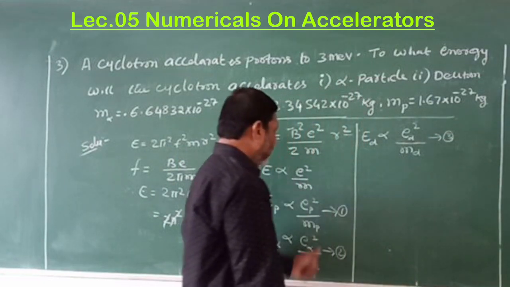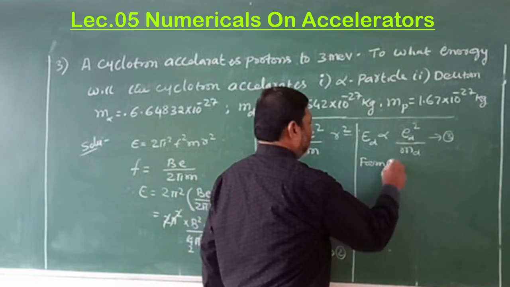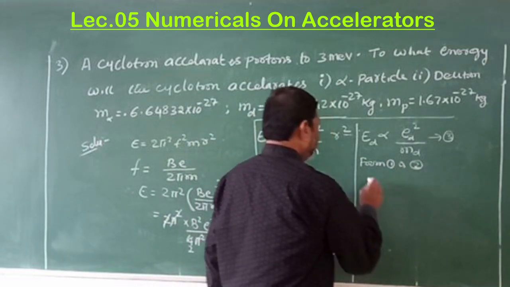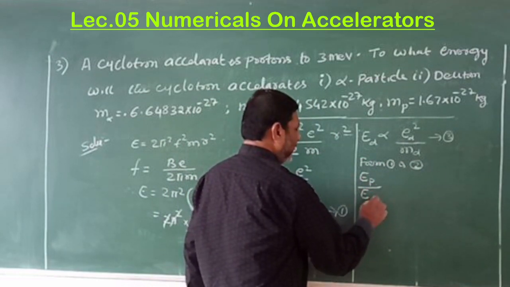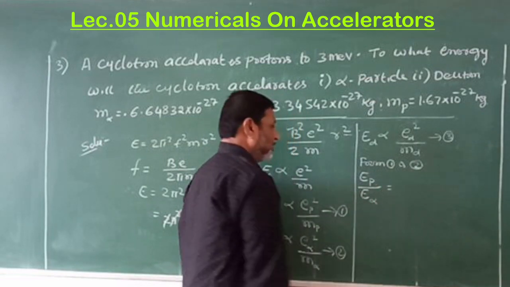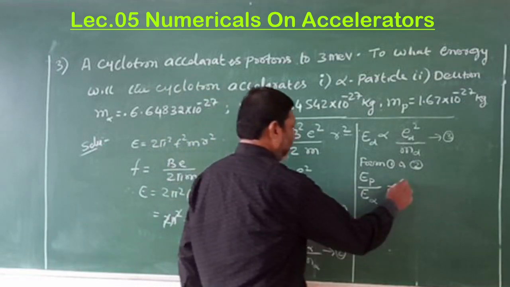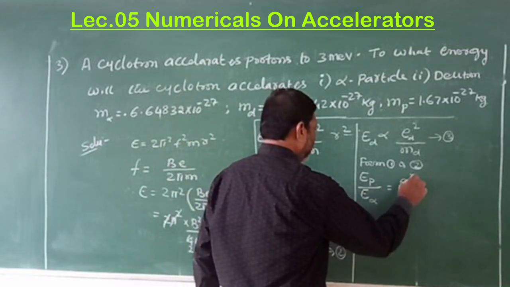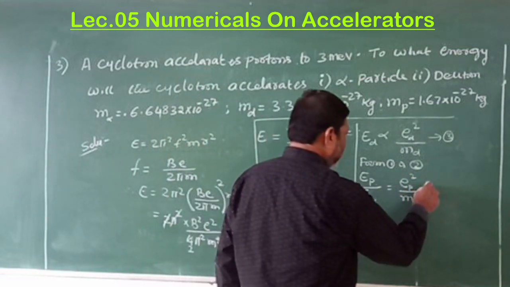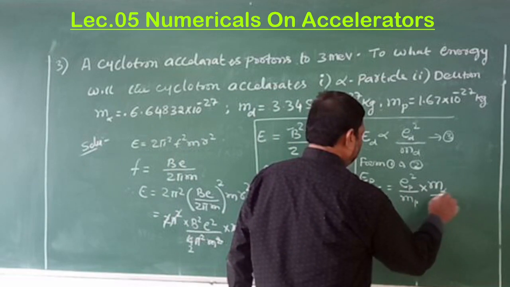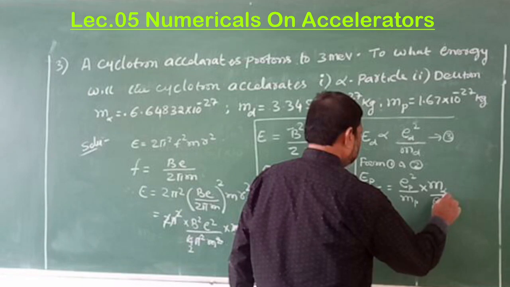Now from 1 and 2, you can see that EP, energy of proton, divided by energy of alpha particle, is equal to, when you divide these two, EP square divided by MP, into M alpha divided by the charge of alpha square.